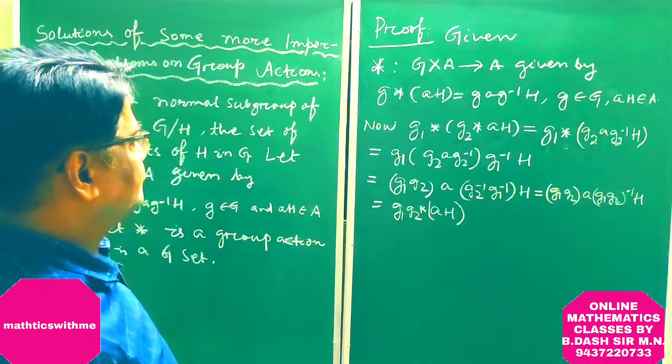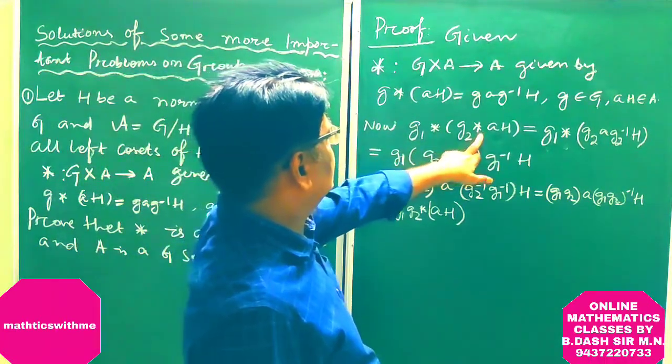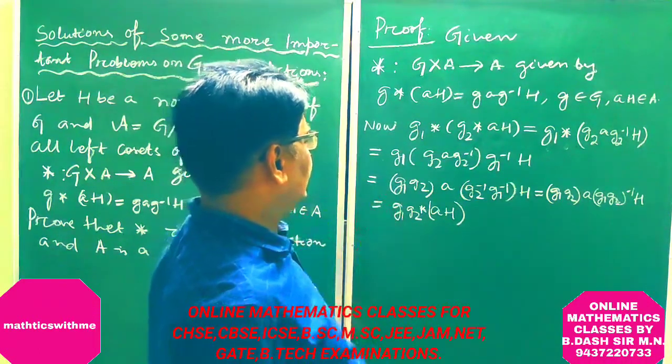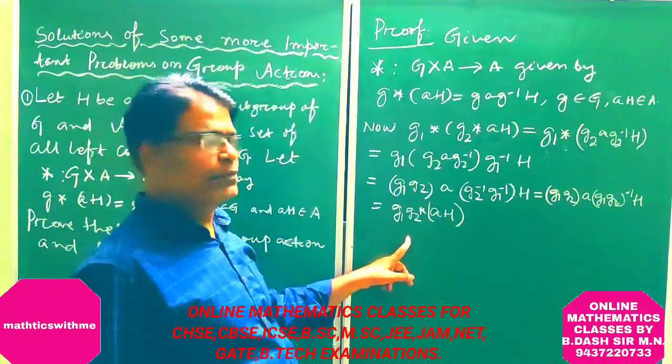So we have started with g1 star g2 star H and we get g1 g2 star H. The first condition of a group action is proved.